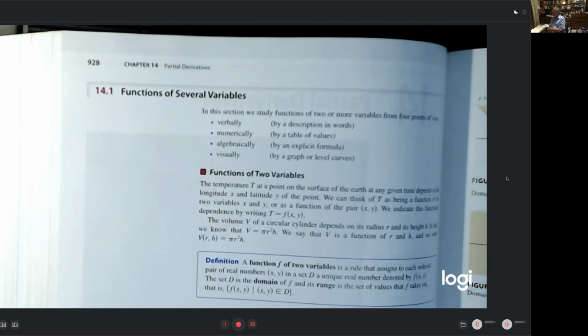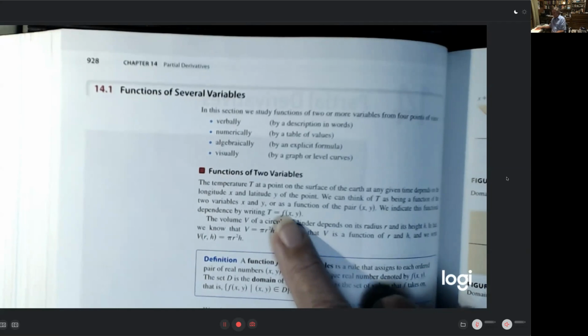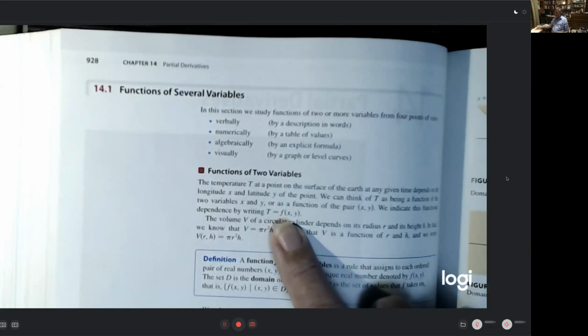On the other hand, if we say f of x and y is equal to z, that's what he's doing here. And when he says z is f of x, y, he's talking about a real valued function of, in this case, two variables.